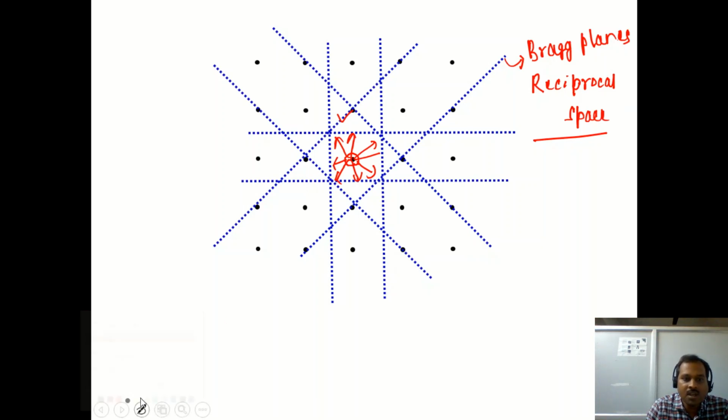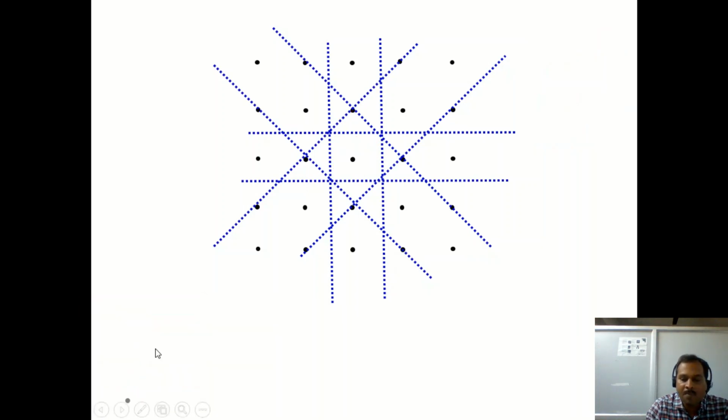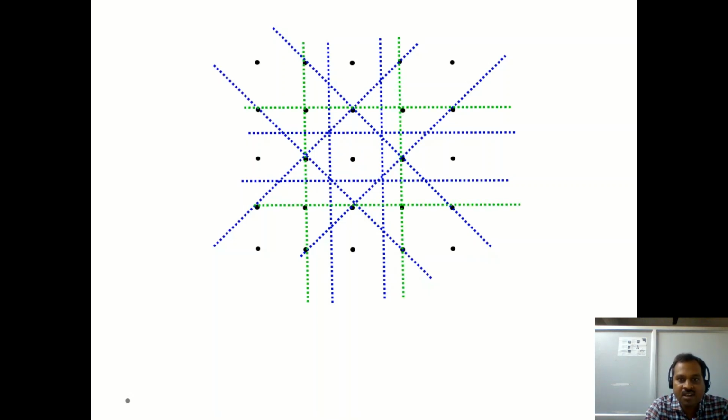So I have drawn all the perpendicular bisectors around this particular lattice point. This is the enclosed region which we cover without crossing any of the Bragg planes, and that region is called the first Brillouin zone.